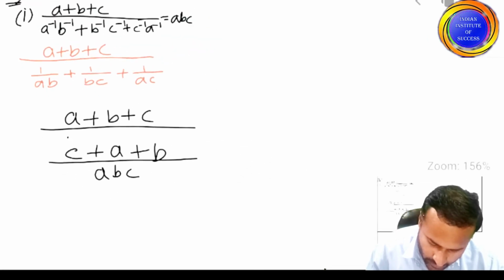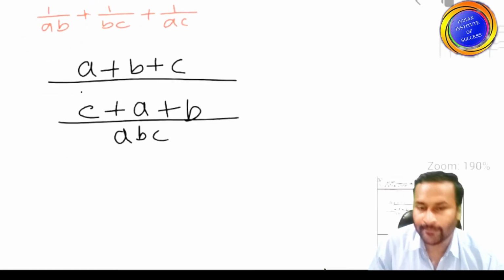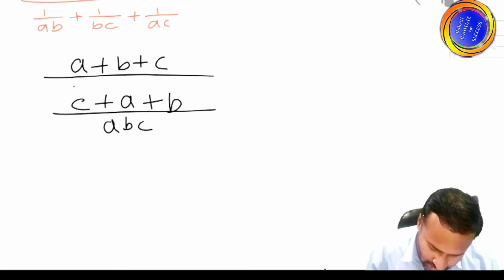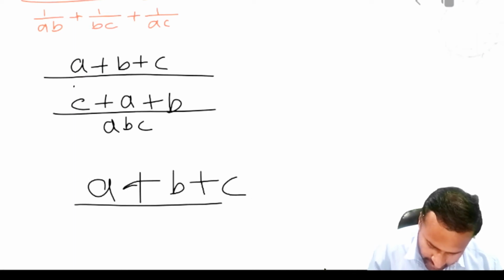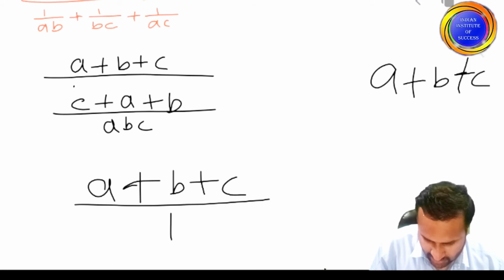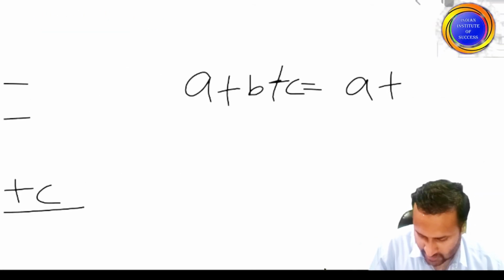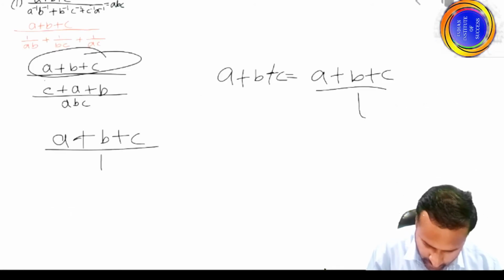Now this is the situation. Here we just have to simplify it: a plus b plus c upon 1. We can write a plus b plus c equals a plus b plus c upon 1. We can write this in this form.